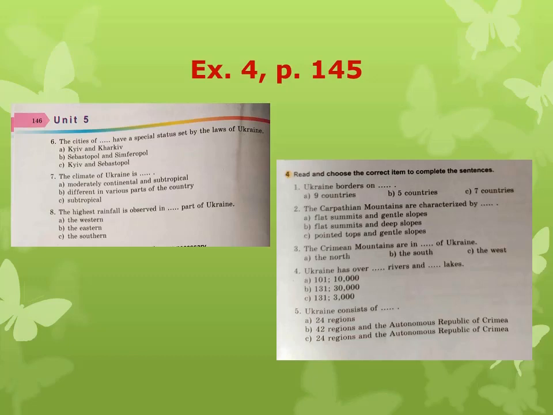The climate of Ukraine is A. Moderately continental and subtropical, B. Different in various parts of the country, C. Subtropical. 8. The highest rainfall is observed in A. the western, B. the eastern, C. the southern part of Ukraine. Now choose the right variant.